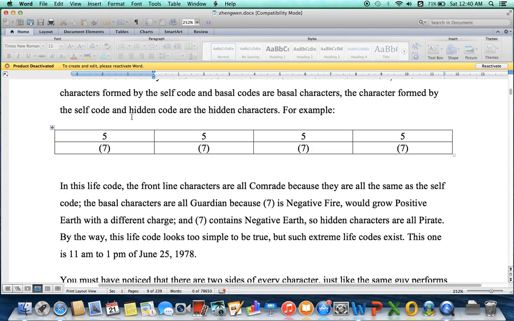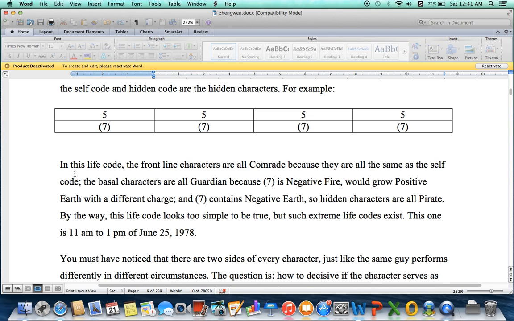For example, this is an ideal self-code because it looks very easy. In this life code, there are 8 numbers. The frontline characters are all comrade because they are all the same: 5, 5, 5, 5. This is the self-code, because this is the date column, decimal date. The other 3, this 5 to this is comrade, this 5 to this is comrade, this 5 to this is comrade.